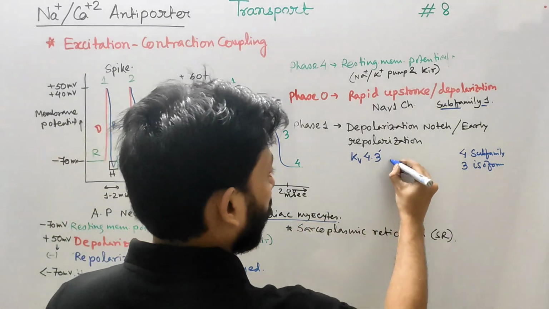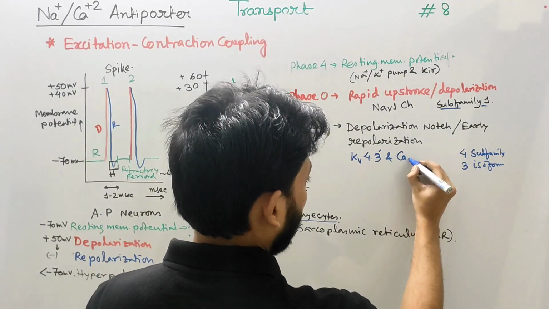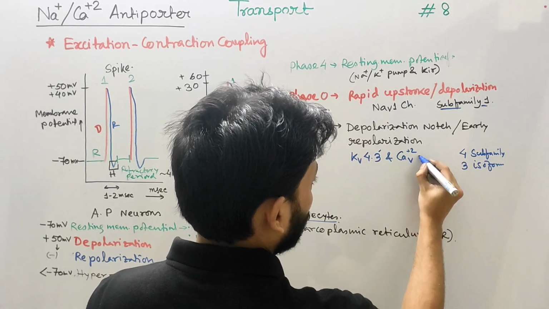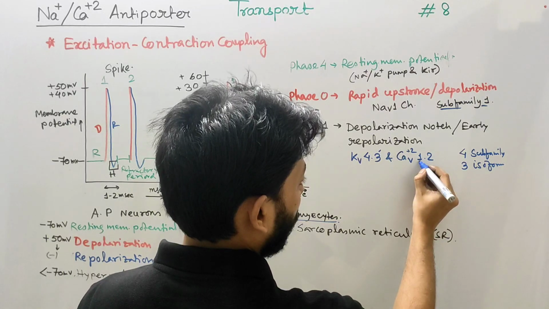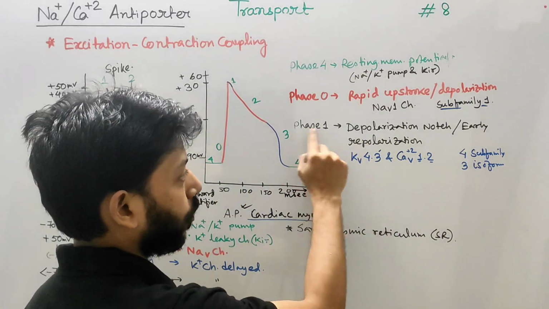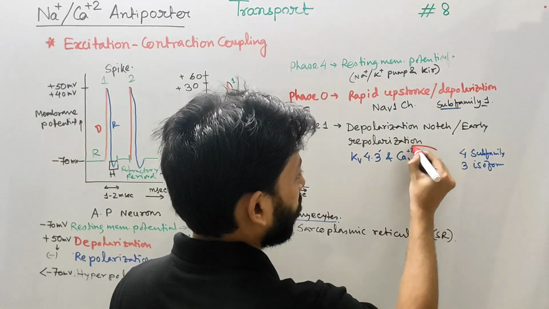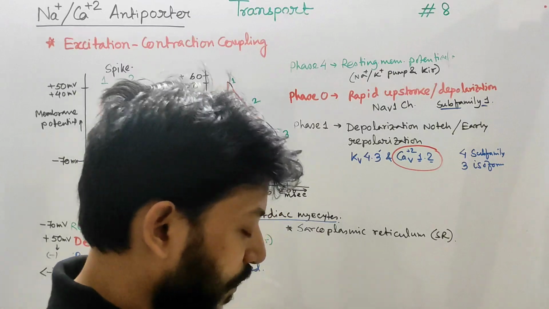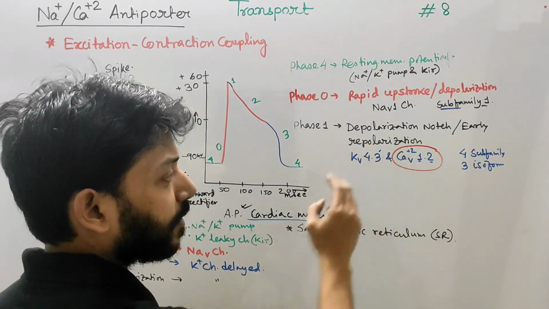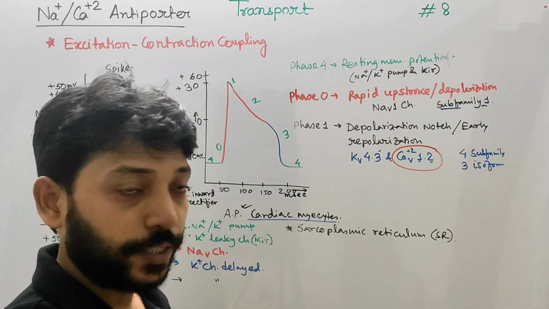Okay, and another channel responsible is the voltage gated calcium channel, that is 1.2, that means subfamily 1 and isoform 2. These two channels are important for phase 1. Now I also want to mention that remember these calcium channels are present in the plasma membrane of cardiac myocytes, and these channels actually cause the influx of calcium into the cell.